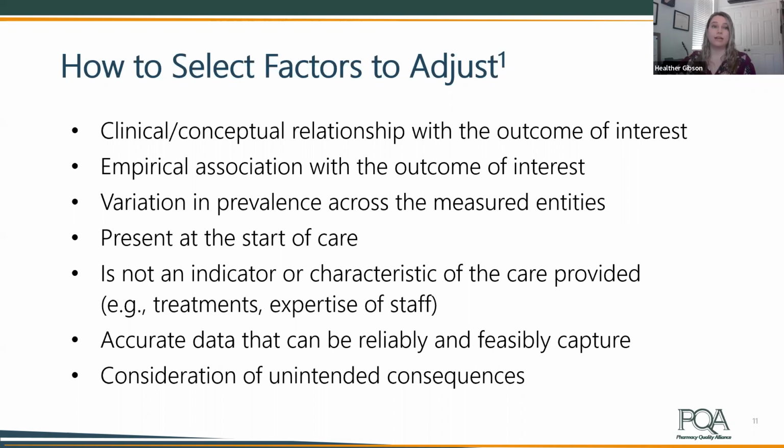And when it comes to data, integrity and quality of data is really critical. The old saying of data science applies: garbage in equals garbage out. Inaccurate or unreliable data can really lead us to conclusions about care that are not sound. And finally, we need to consider any unintended consequences that risk adjustment of a particular factor may have.